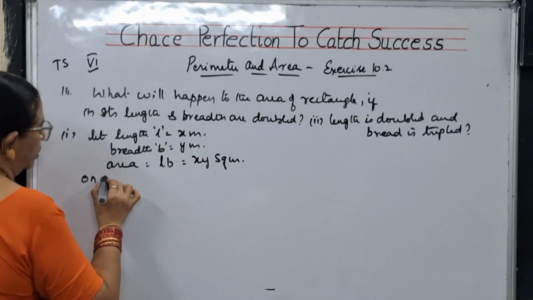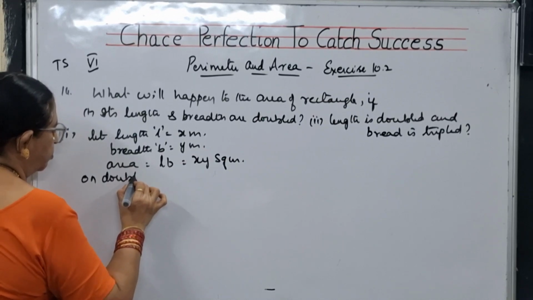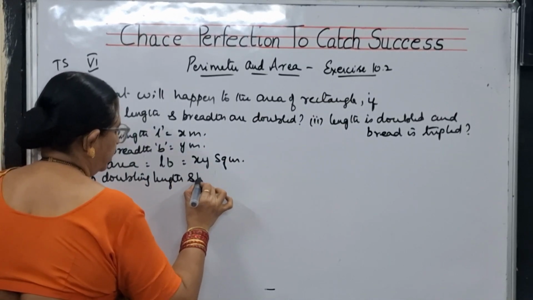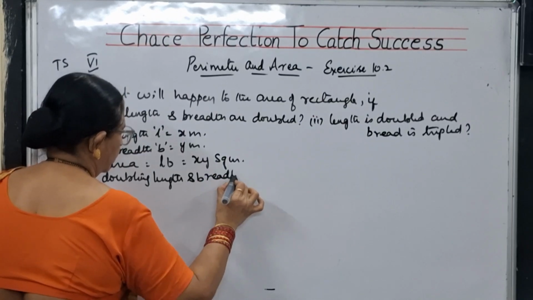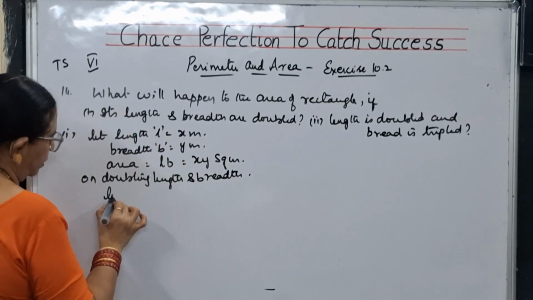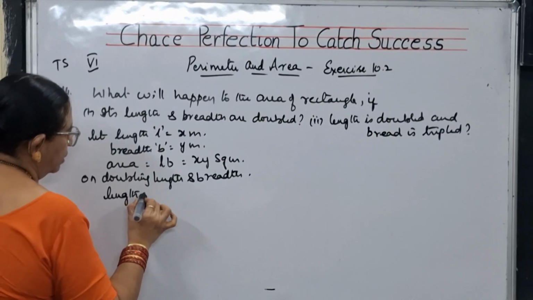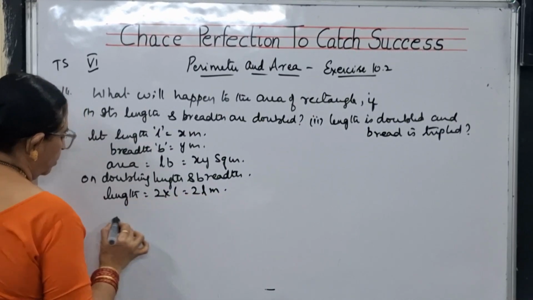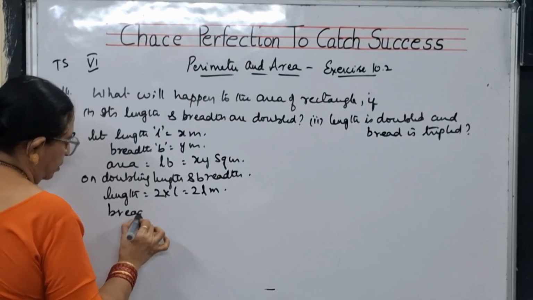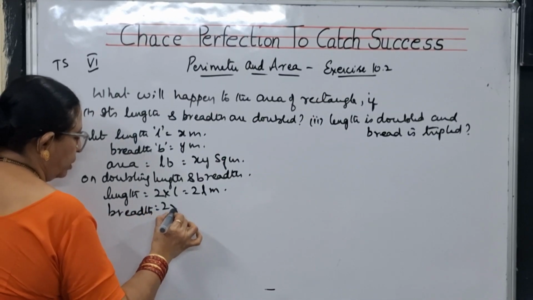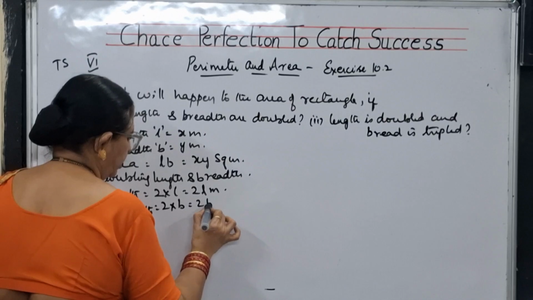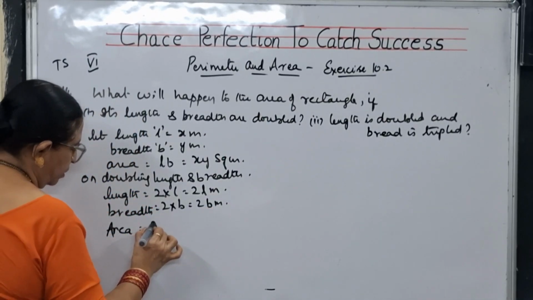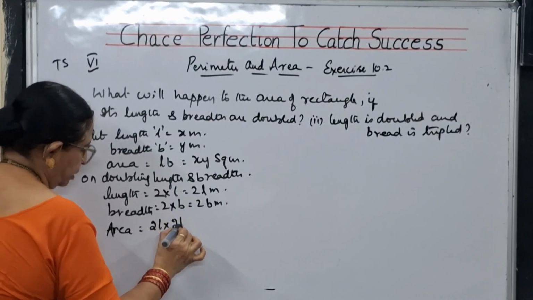On doubling length and breadth, what is length now? Doubling means you are multiplying, so length is 2L meters and breadth is 2 into B, 2B meters. So what is the area? Area is 2L into 2B.